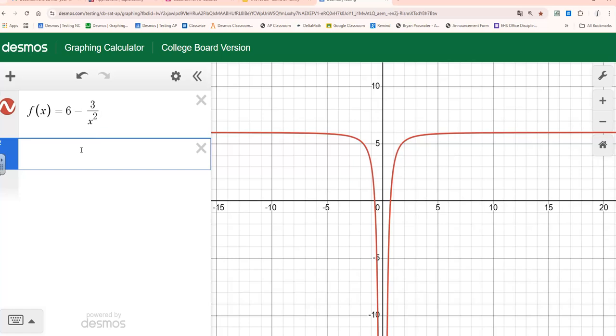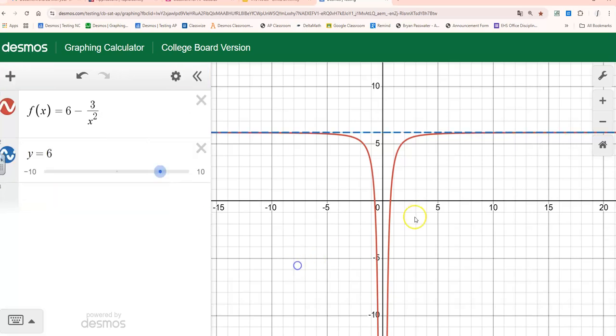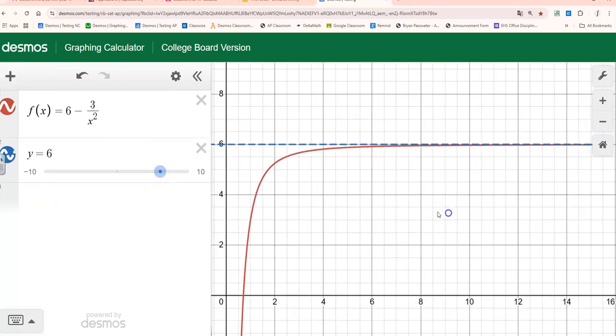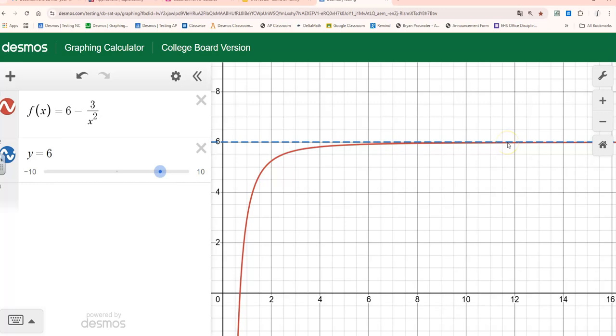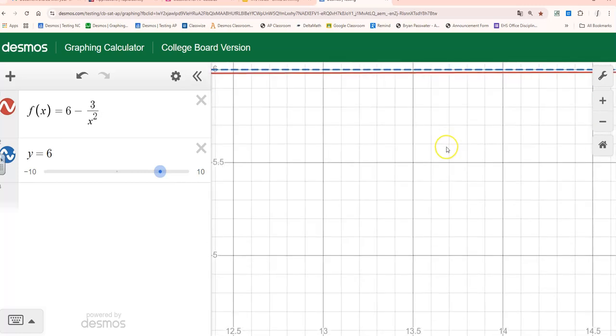So if I type in y equals 6, let me make that a dotted line. You can see right there, that is a horizontal asymptote for this graph. So as your numbers increase, this is going to level out at 6. It looks like it touches, but if you zoom in, it's not actually touching there.